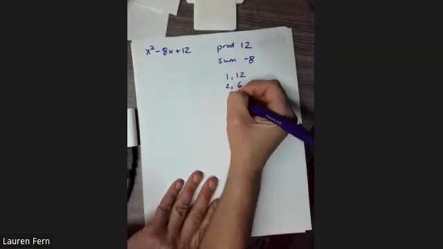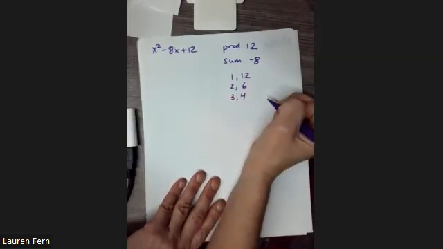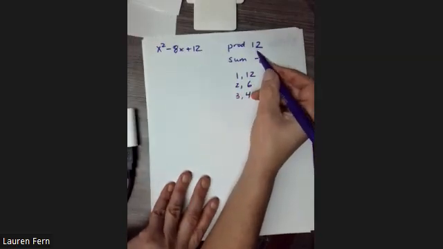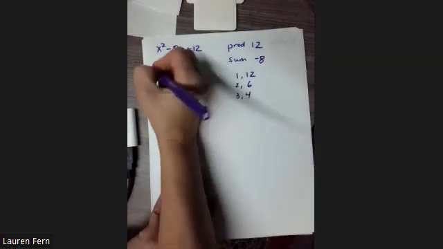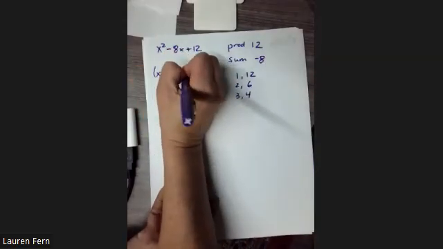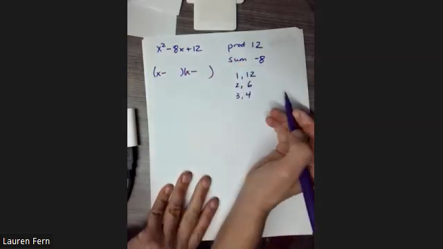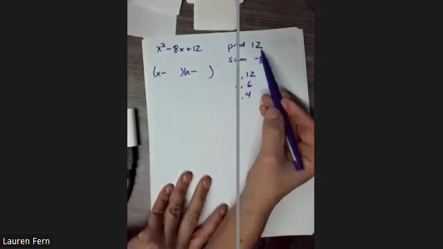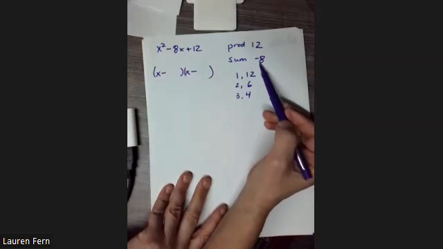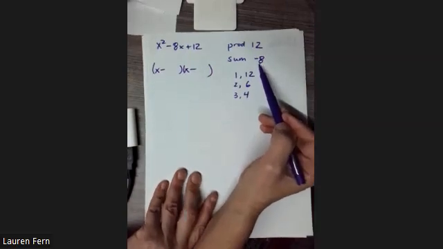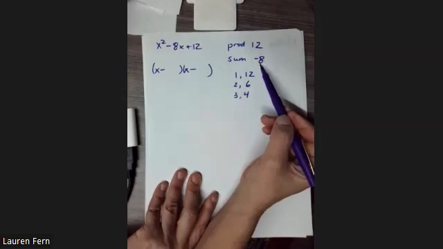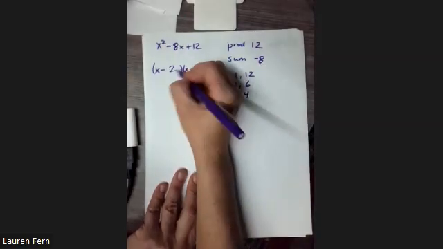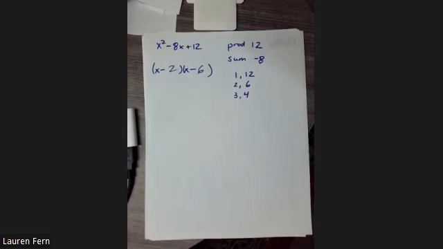That's 1 and 12, 2 and 6, and 3 and 4. Notice I want to multiply to a positive and add to a negative. That tells me that both of these must be negative. It's the only way you can multiply up to a positive and add up to a negative. And if both of these are negative, which ones will work to add up to a -8? I claim -2 and -6.